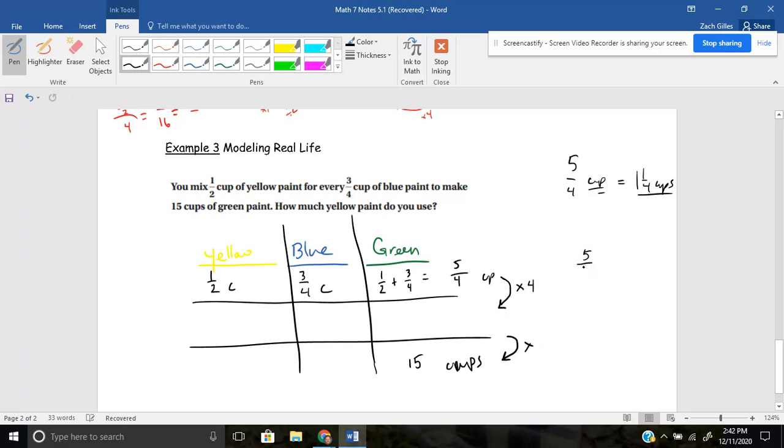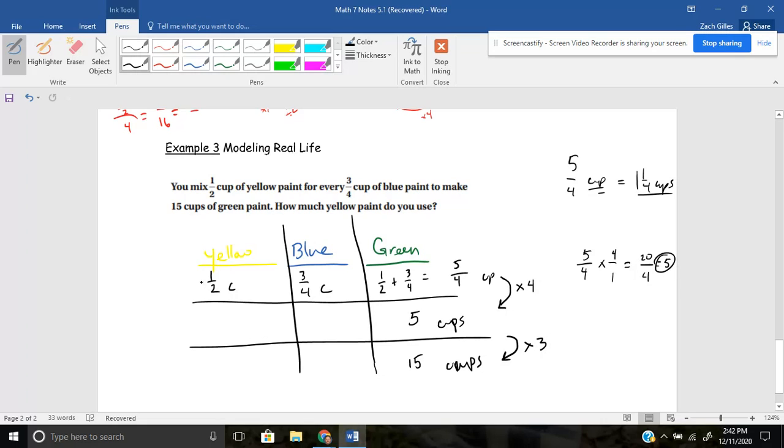What's 5/4 times 4? Well, 5 times 4 is 20 over 4 times 1 is 4. What's 20 divided by 4? A nice whole number. So if I were to take 5/4 and multiply it by 4, it would give me 5 cups. And I know I can easily go from 5 to 15 by multiplying by 3.